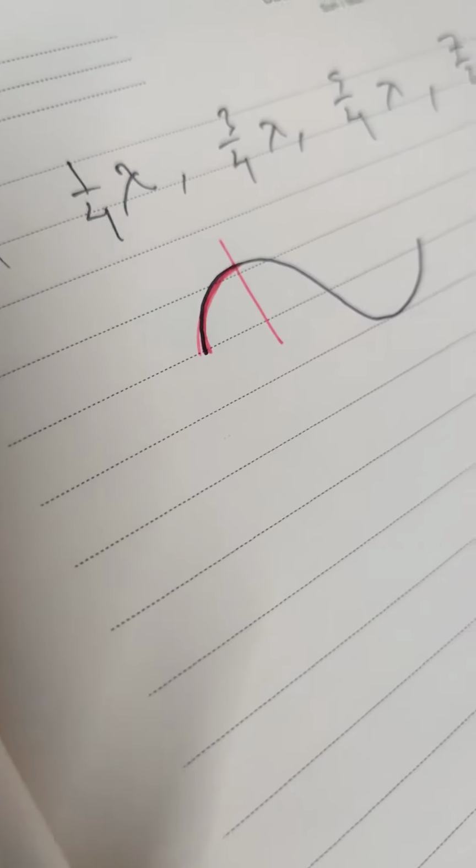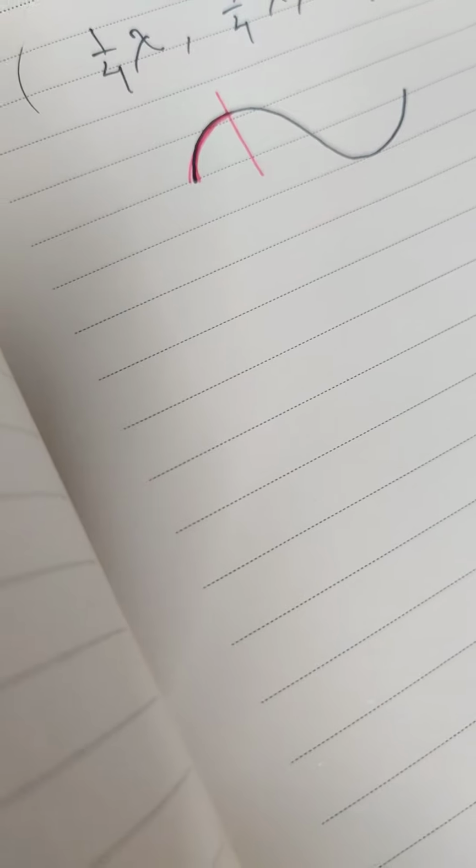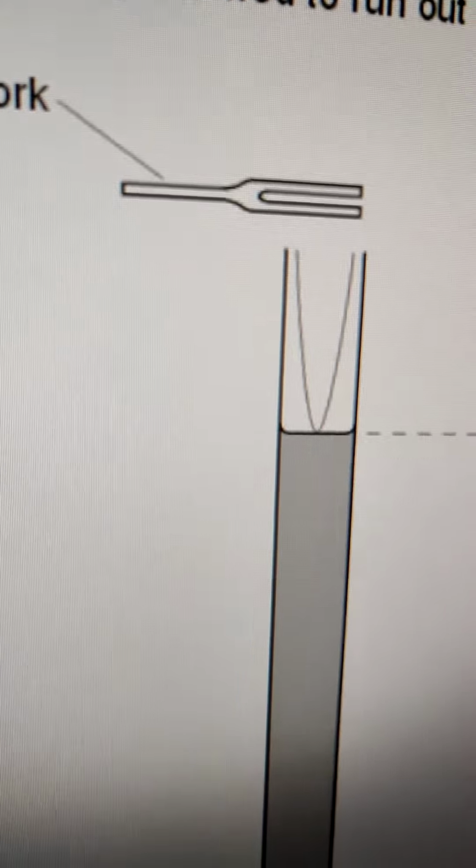Yeah, that's basically 1/4 lambda. So when the wave pattern looks like that, that's when resonance happens.